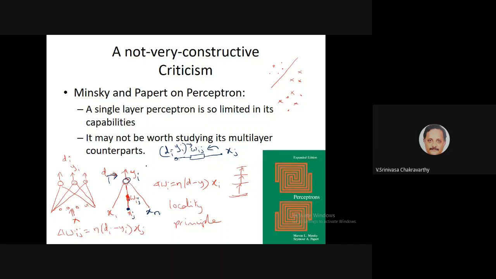Throughout the 60s and 70s, there was a lull in research. In the 70s, one guy called Paul Werbos studied multilayer networks and derived learning rules, but that didn't become popular. Nobody bothered about them because people were scared of criticism. But later in the 80s, maybe Minsky had died by then, I don't know, people emboldened themselves to take up research on multi-layer networks again and derived learning rules.